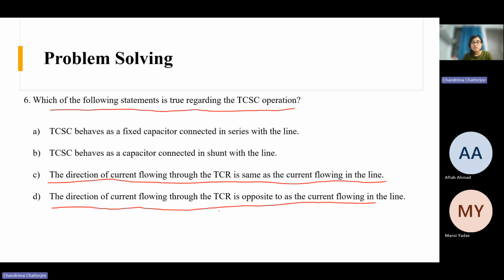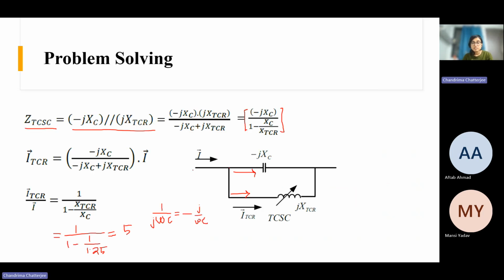So this we can easily determine. See here, the ratio ITCR by I is positive. This ratio has been calculated taking into account all the signs, including the j. So that tells us that the TCR current and the line current have the same sign.